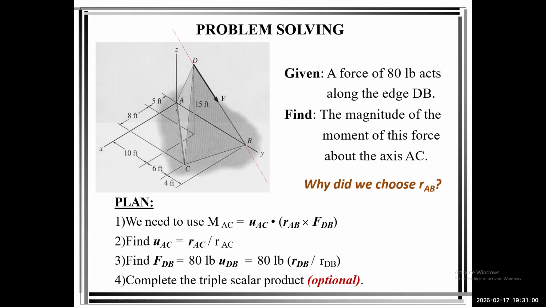How many lines? Can you tell me two lines that touch that line AC to the force line? Two position vectors that touch the force and touch the axis. Can somebody tell me two lines that touch the axis that we are thinking about, AC, and also touch the force line, which is DB?